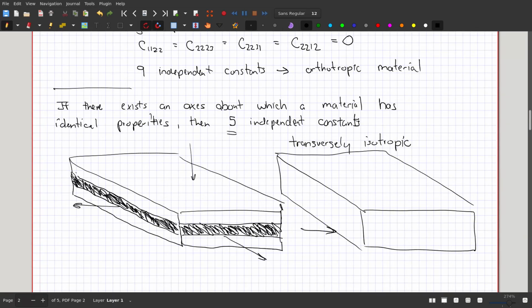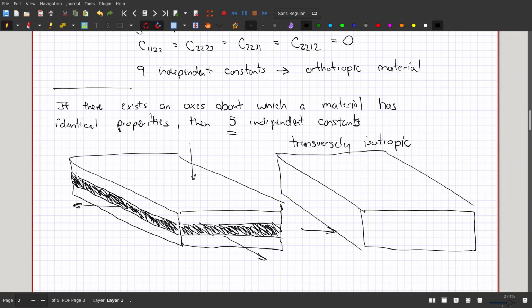Sometimes in our reservoir simulators, our grid blocks are on the order of tens of meters, right? Sometimes kilometers, right? So sometimes our grid blocks are very large, but within that grid block, there could be different sedimentary layers, right? And the deformation in the plane, no matter how I turn it, would probably be roughly the same material properties. But if I go out of plane, try to bend it, then I would get a different set of material properties.